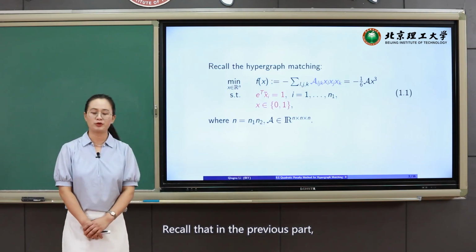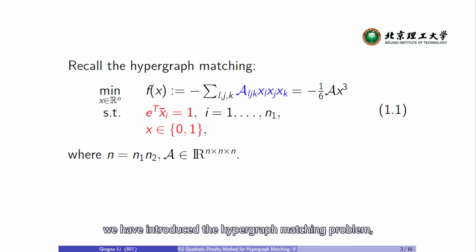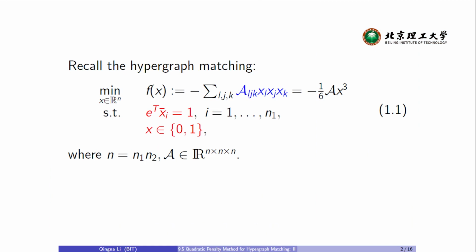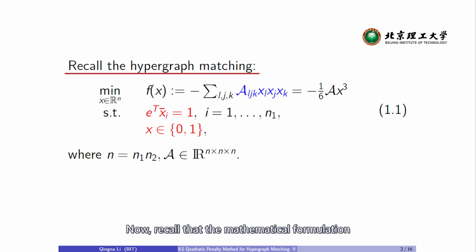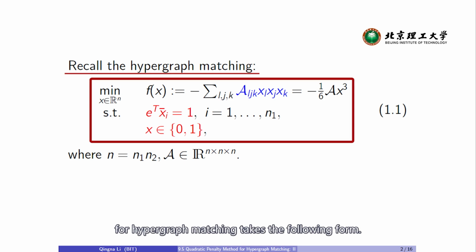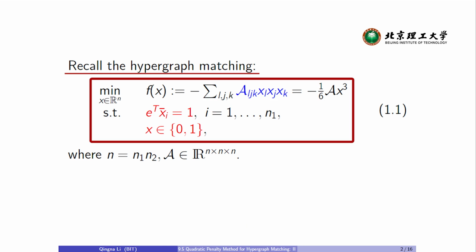Recall that in the previous part, we have introduced the hypergraph matching problem as well as its mathematical formulation. It takes the following form. We minimize a multilinear function f subject to some equality constraints as well as 0, 1 constraints.